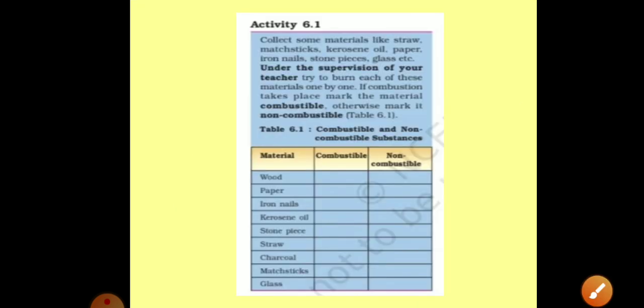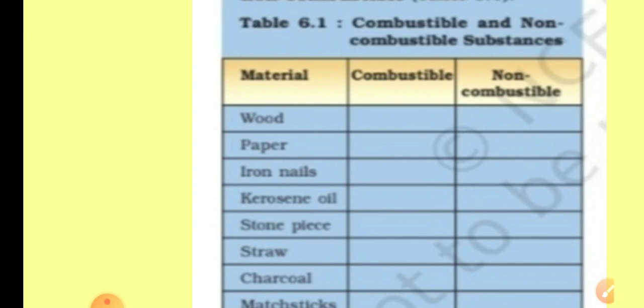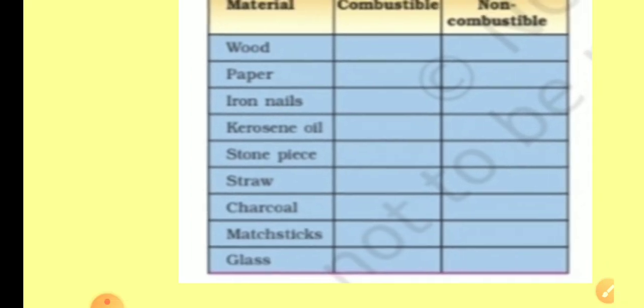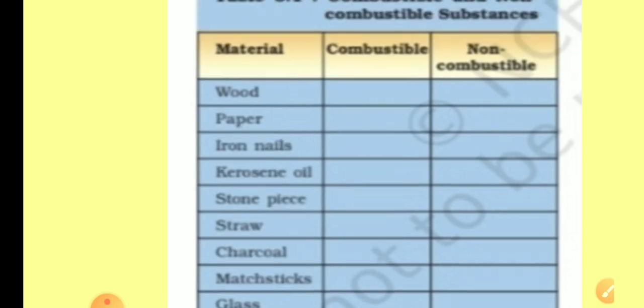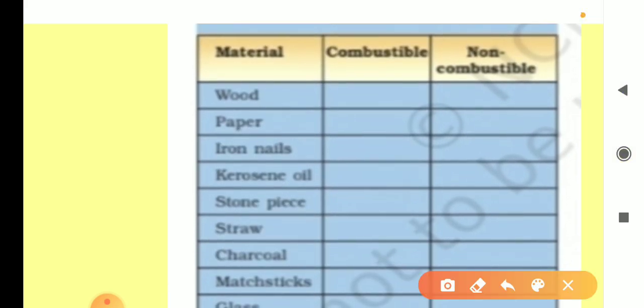Now, this table is given to you, and you will also make this table in your notebook. In this table, you are given some materials, as you can see: wood, paper, iron nail, kerosene, stone piece, straw, charcoal, matchstick, glass. You have to fill this table according to combustible and non-combustible substances.